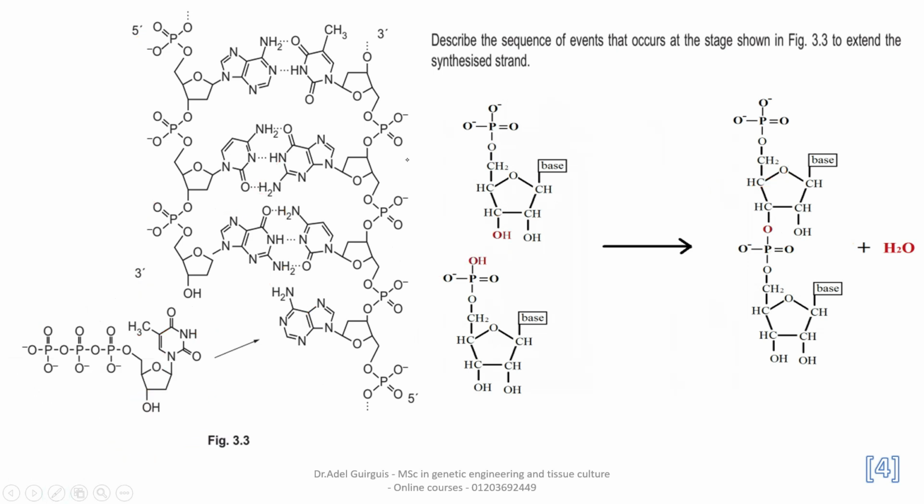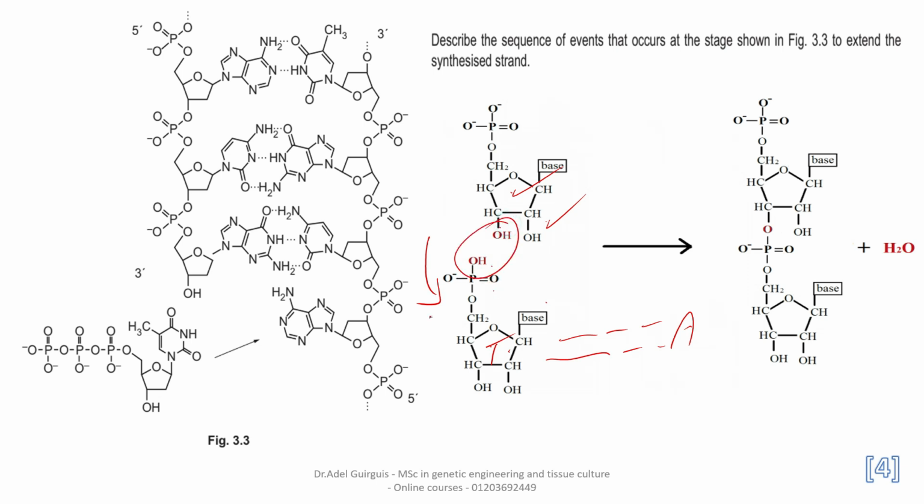Look please, this already attached newcomer nucleotide, after base pairing with the other strand by 2 hydrogen bonds, like here with thymine, here with adenine for example. Now how do we join this last nucleotide of the newly synthesized strand with the newcomer?